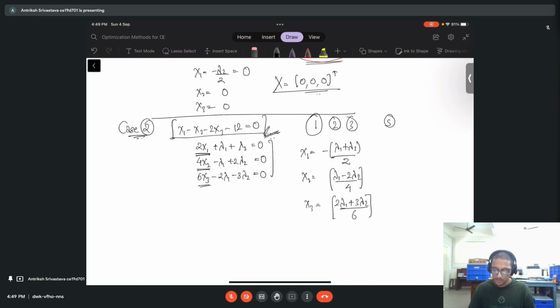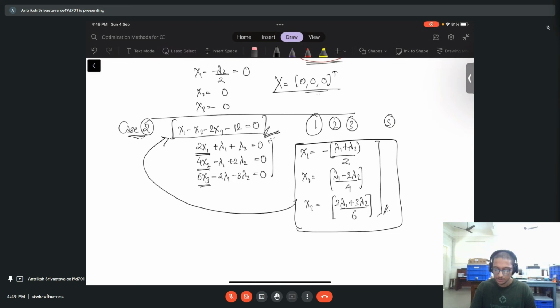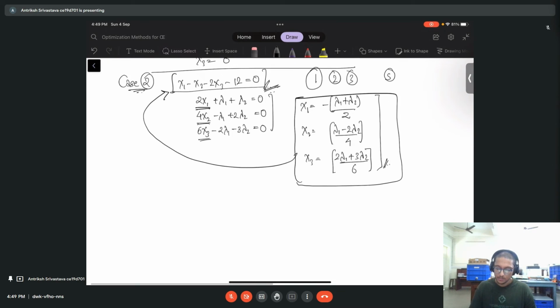So is this correct? What do you guys say? Yes, sir. Okay, now let's put these values into this expression to make an equation in lambda 1 and lambda 2.